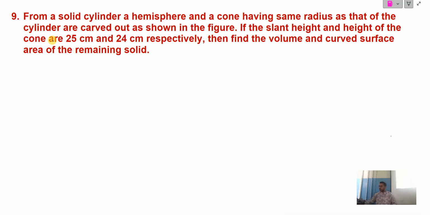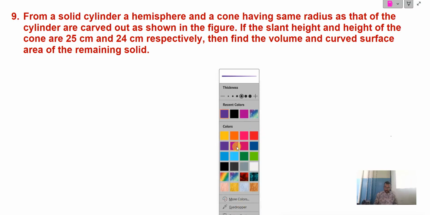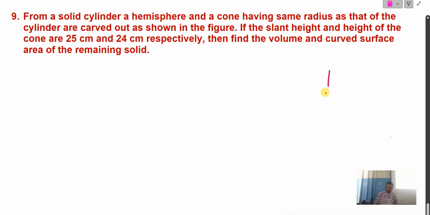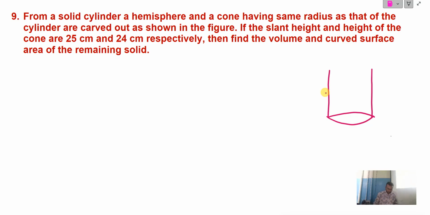Now this is the center of the circle, so this angle is a right angle. This is 25 centimeter, and this height they have given us is 24 centimeter. So now this is the question.